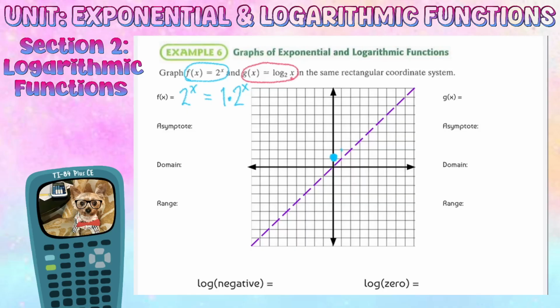Then the growth factor is 2, so 1 times 2 is 2, 2 times 2 is 4, 4 times 2 is 8, 8 times 2 would be 16, but that's off my graph. And if I go left, I divide by 2: 1/2, 1/4, 1/8, and so on. So that gives me my graph of the exponential function.